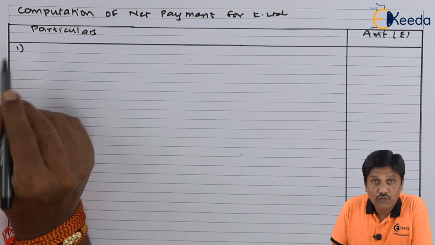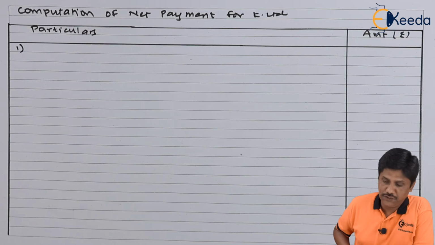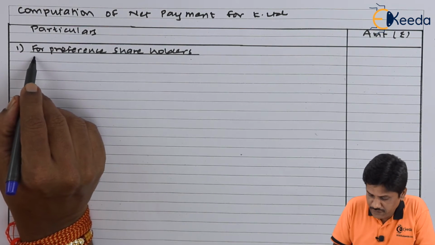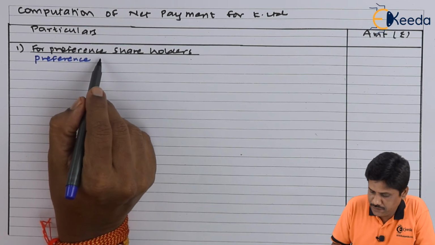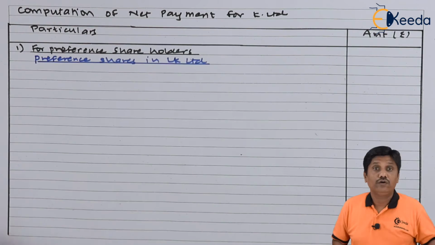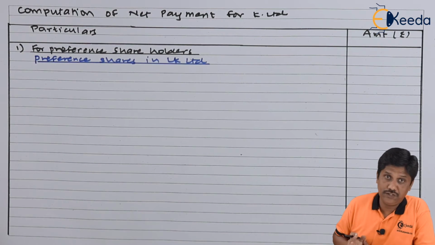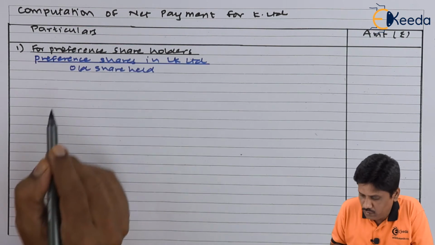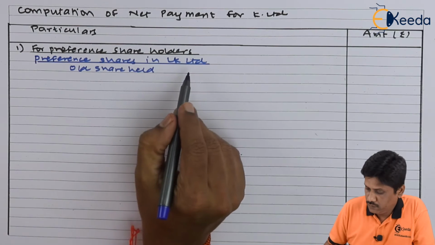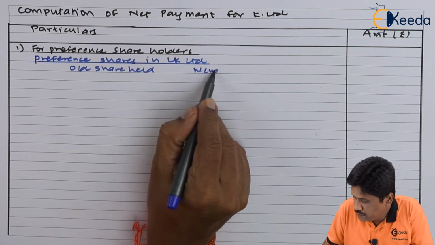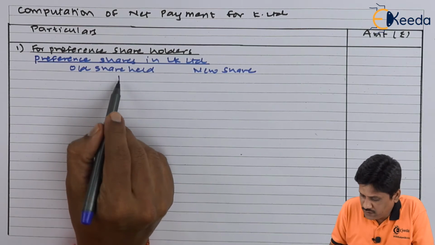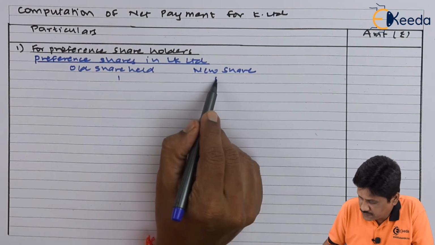Let us record it. First payment is for preference shareholders. For preference shareholders, what do we get? We get preference shares in LK Limited. The rule says if you hold 1 share, you will get 5 new shares.